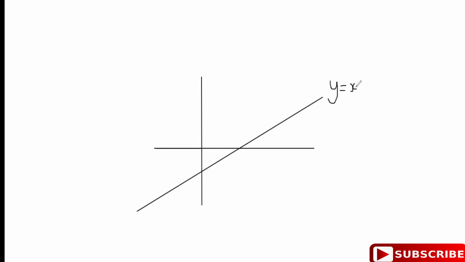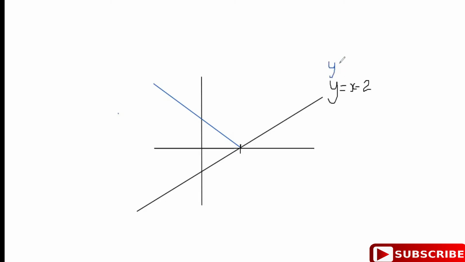Now the modulus is a function that flips everything that is below the x-axis over the x-axis. So we're just going to flip everything below the x-axis above the x-axis. Then this graph is now y is equal to the modulus of x minus 2. So this graph where everything is above the x-axis is y equal to the modulus of x minus 2.